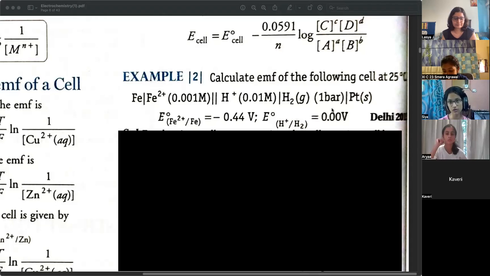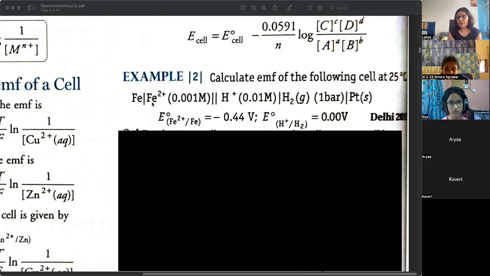Also, that n in the denominator of E cell, what does it mean? It's the number of electrons. Here 2 plus to 0 is happening, right? So in oxidation reduction how many electrons are exchanged? 2 electrons in this case. n will be equal to 2.